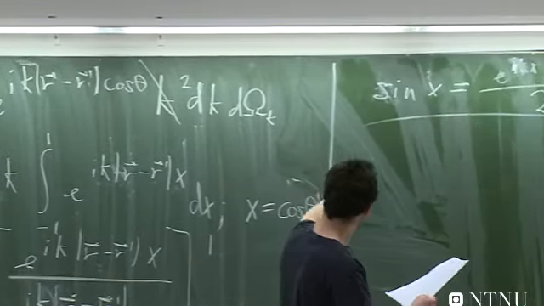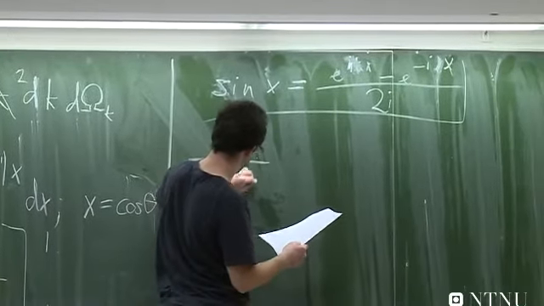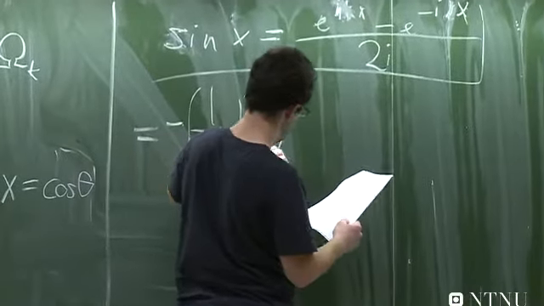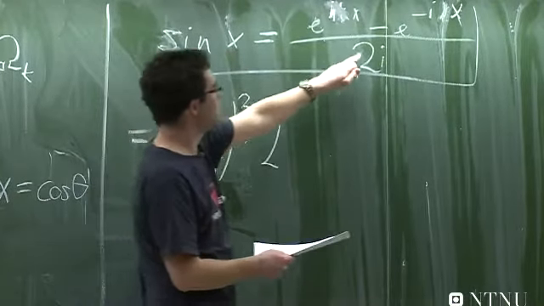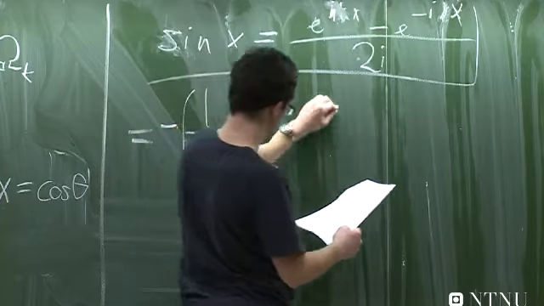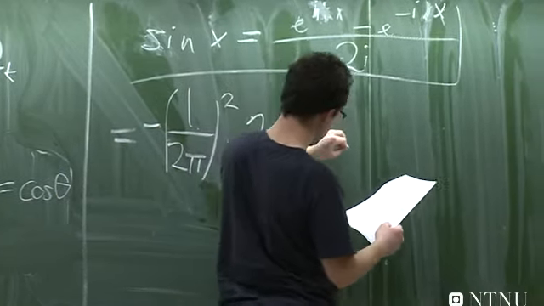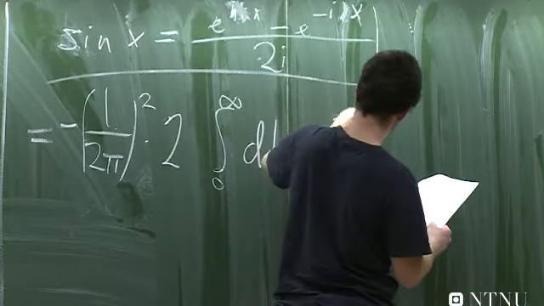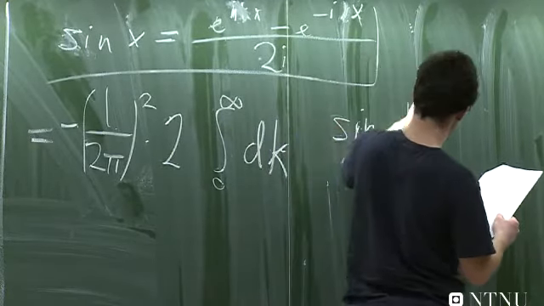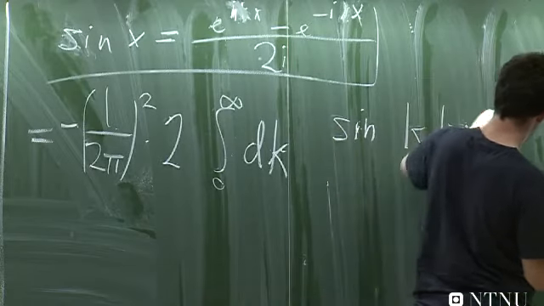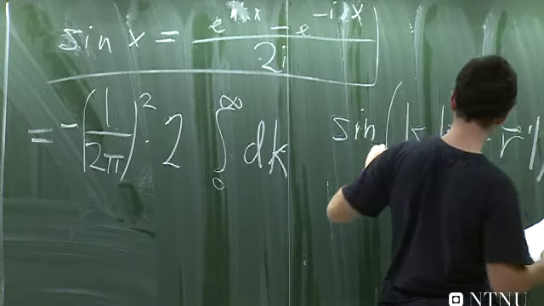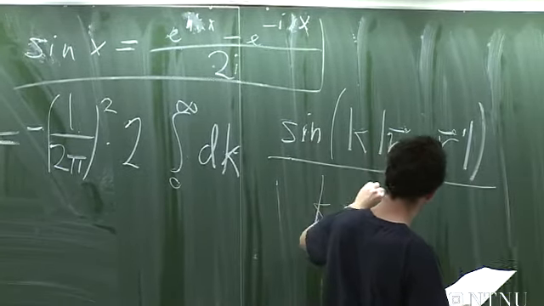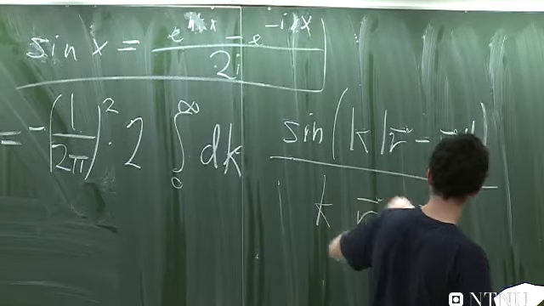More specifically, 1 over 2 pi squared is still there. And then there's a factor of 2 coming from here, essentially. Integral over k, still haven't done that one, dk, sine of k|r minus r prime| divided by k|r minus r prime|.